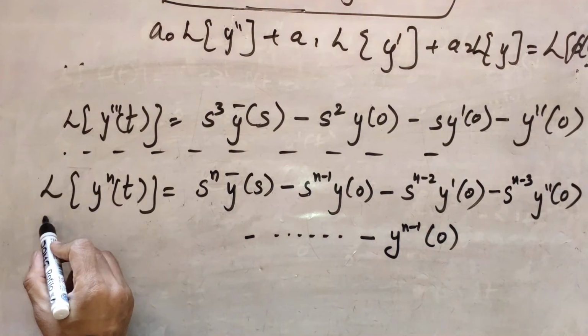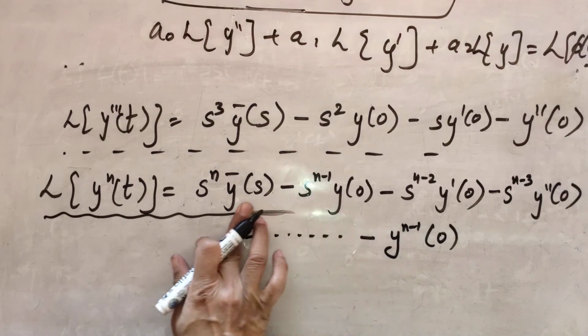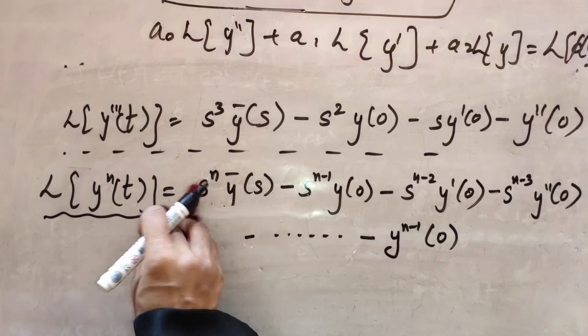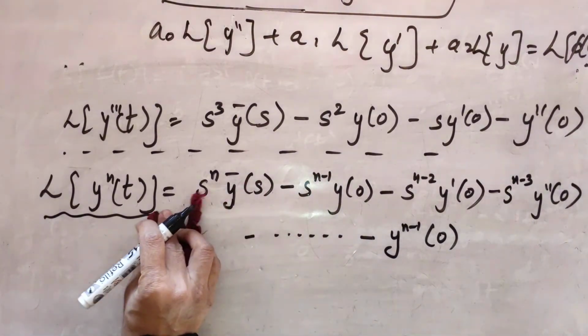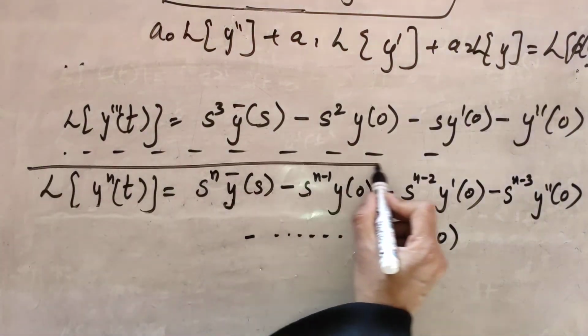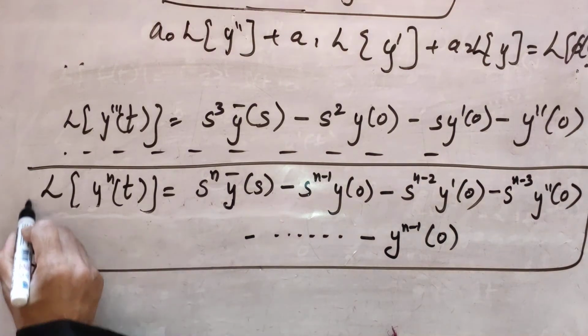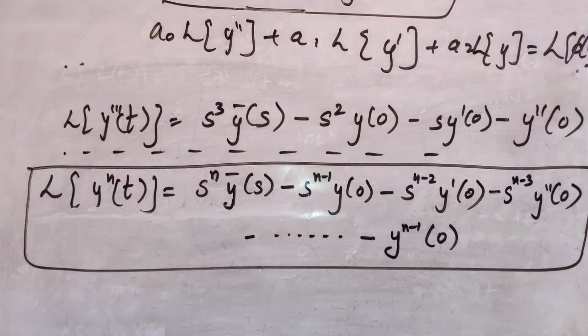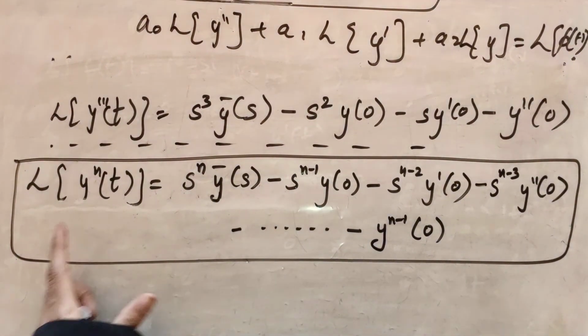So this is going to be our important formula for solving problems using Laplace transforms. You need to remember this important formula. It's very simple to remember also. I'll just give you a hint to remember.